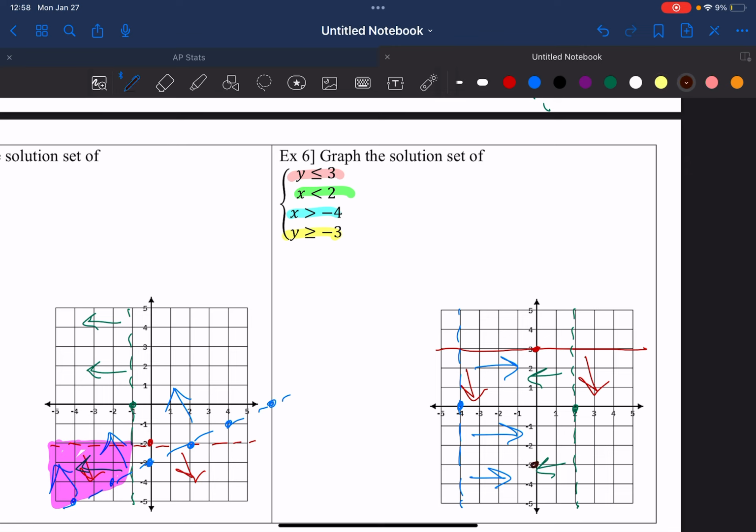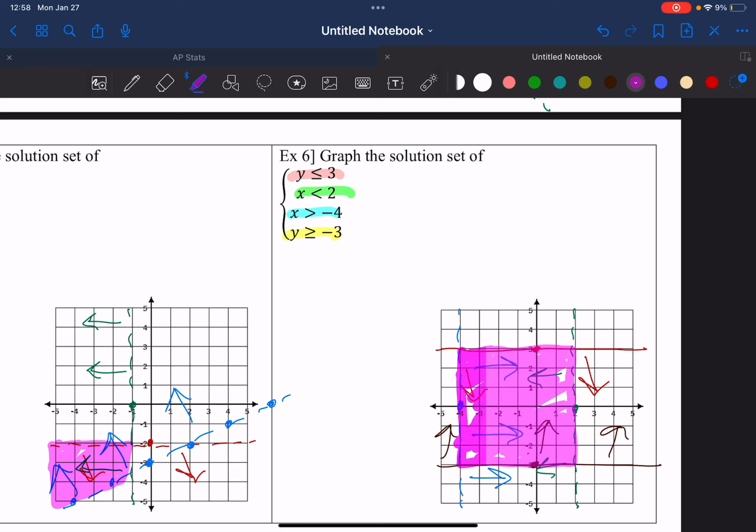Here's negative 3. It's going to be a solid line, and that's going up because it's greater than. So if you notice, all of these arrows end up overlapping and pointing to this middle square area. So this is our solution set.